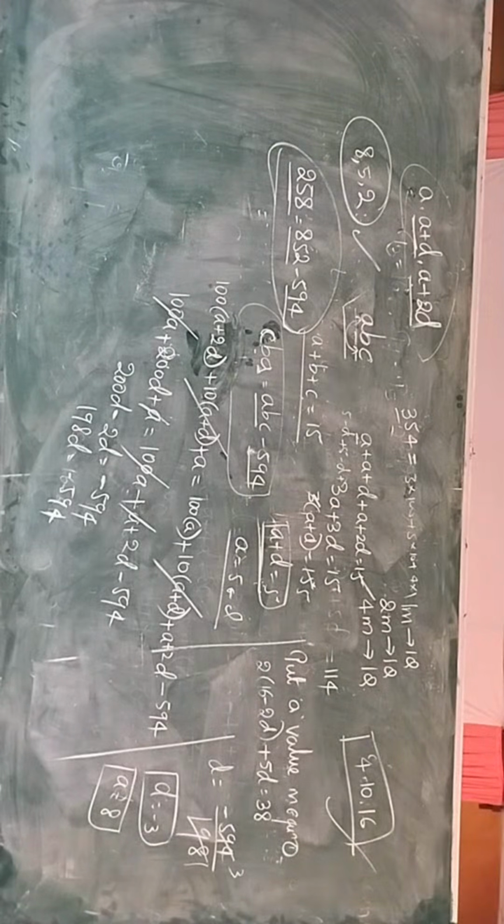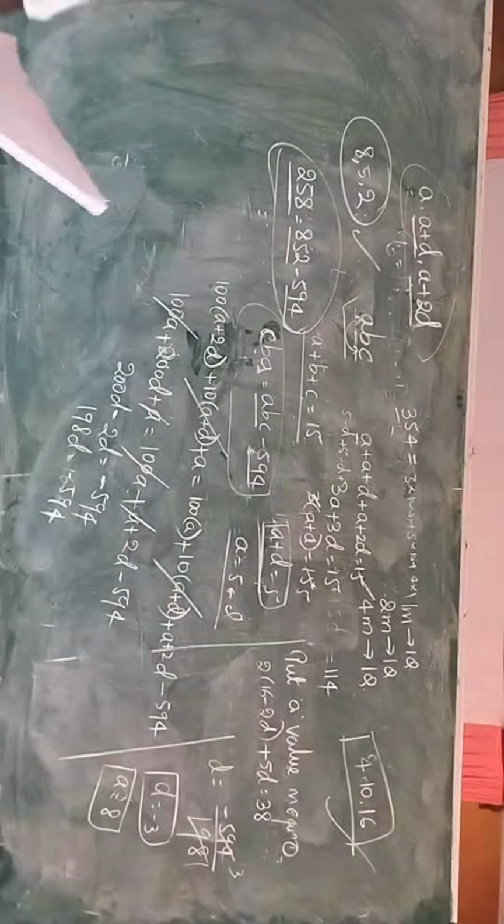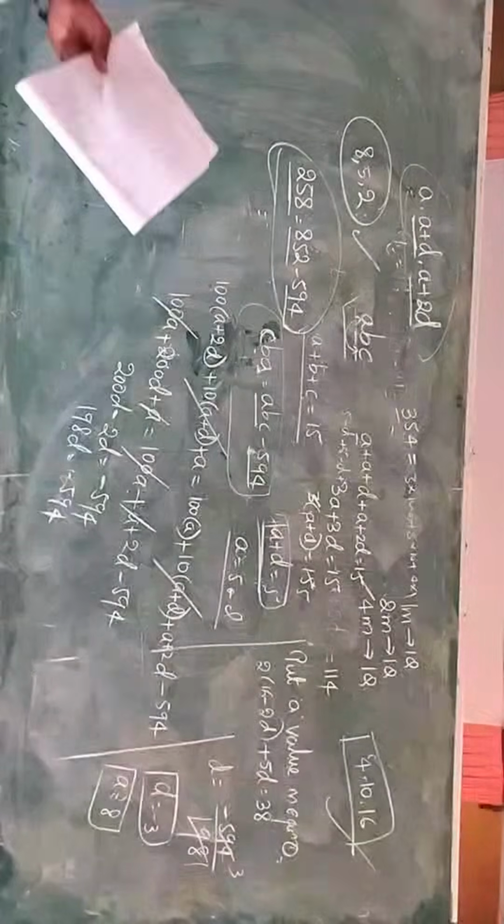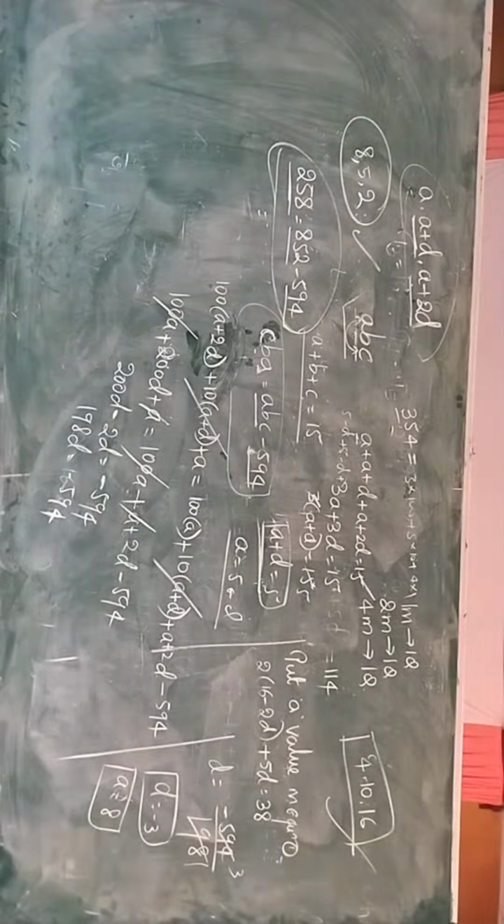If the ratio of the product of their extremes to the product of their means is 5 is to 6, then find the 4 terms.